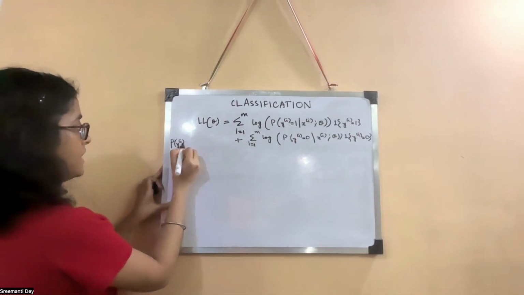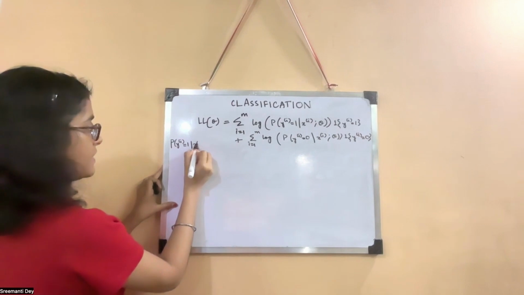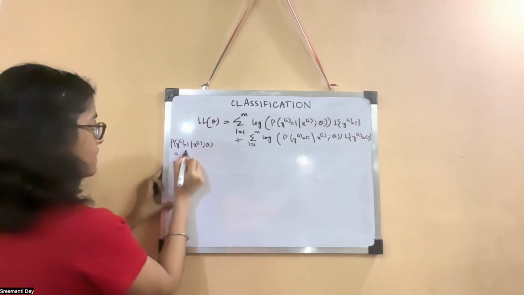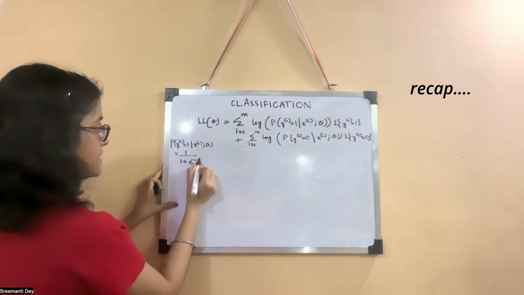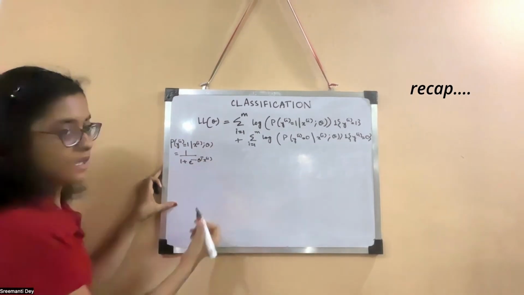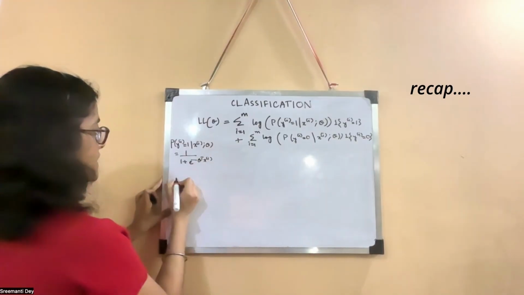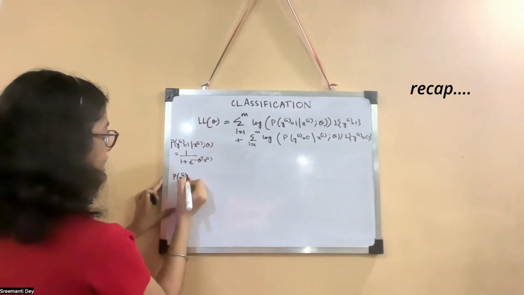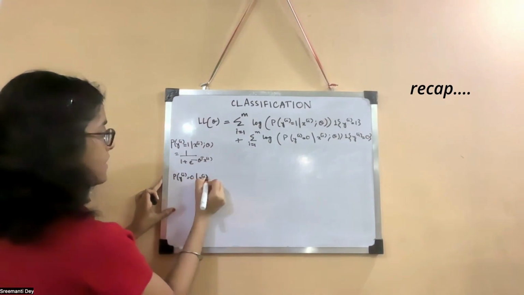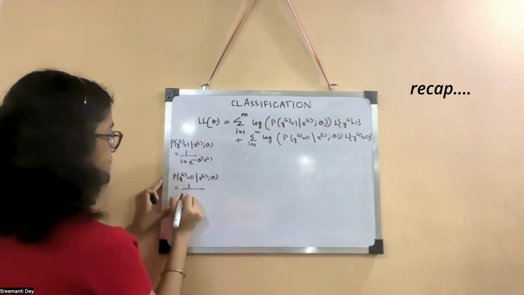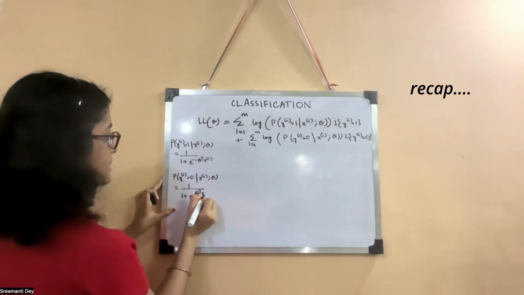Probability of yi equal to 1 given xi parameterized by theta is 1 by 1 plus e to the power minus theta transpose xi. I just now wrote it. And the other one, probability of yi equals 0 given xi parameterized by theta, is 1 by 1 plus e to the power theta transpose xi.